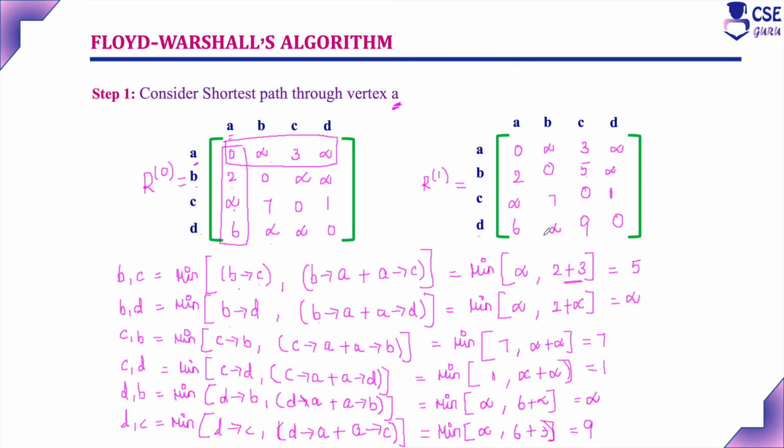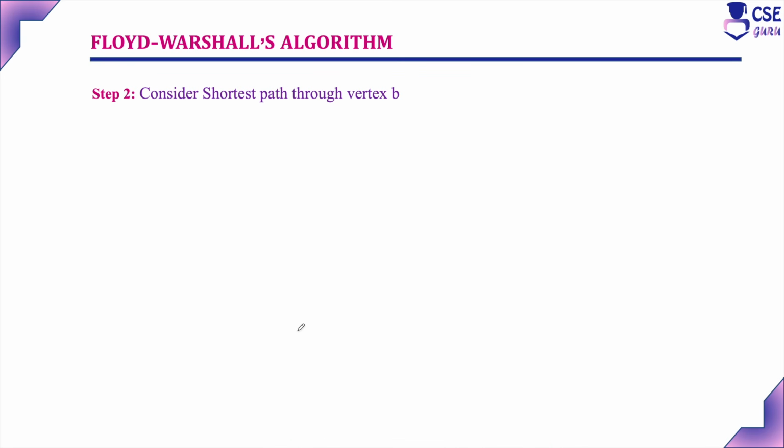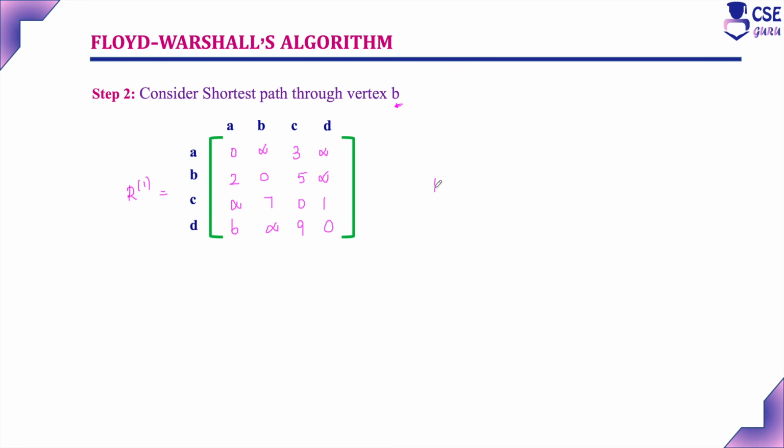Next step, we need to consider the shortest path through the vertex B. So, step 2, consider the shortest path through the vertex B, and we are going to find the new matrix R2. Since we are considering the shortest path through B, we need to neglect this B row and B column.